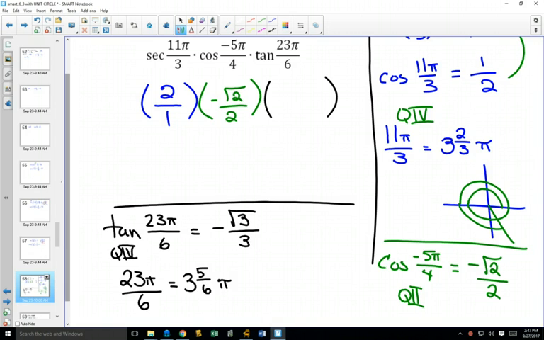But in any case, if it doesn't simplify, it'll be root 3 over 3. Just like any cos of pi over 4 is always root 2 over 2. Any cos of pi over 3 will be a half. You just have to figure out what quadrant it's in to figure out if it's positive a half or negative a half. And so now we know this is negative root 3 over 3.